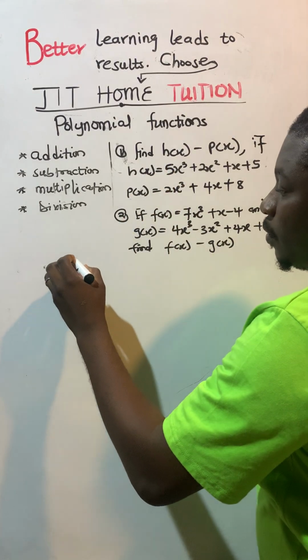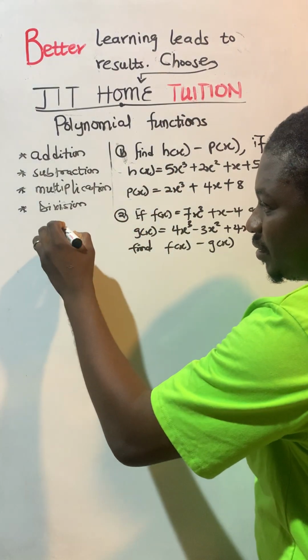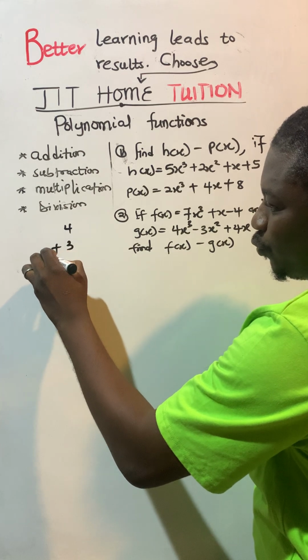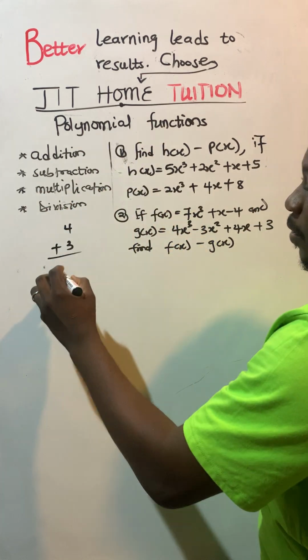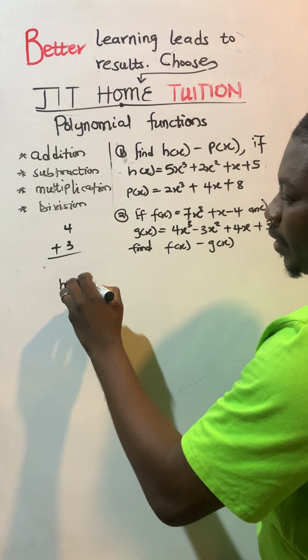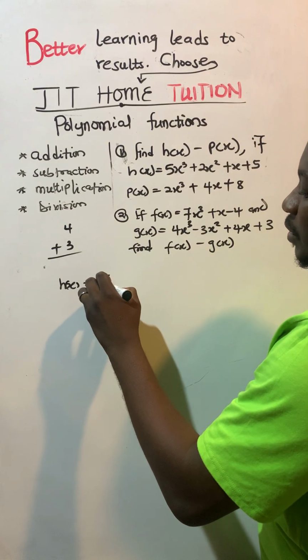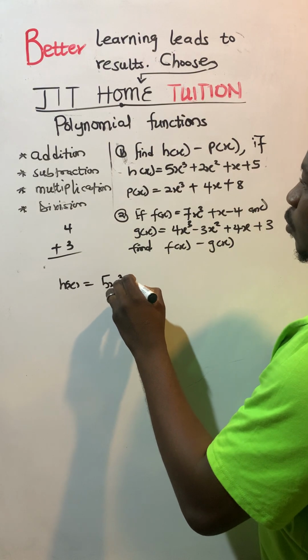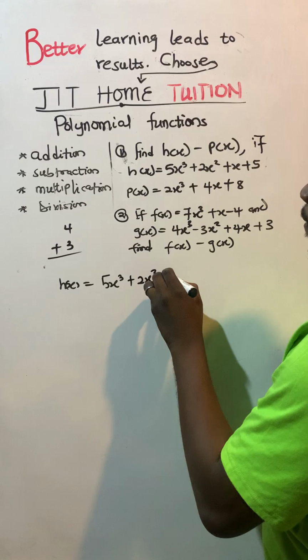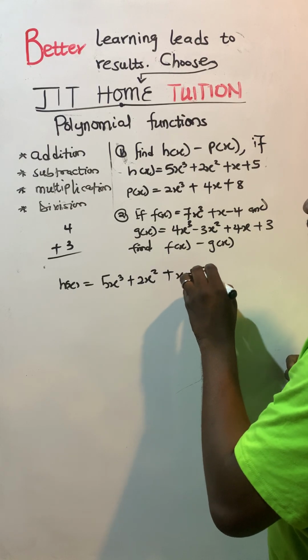So here, you remember I told you that with the addition, let's say that you have 4 plus 3, you write it this way, then you add. So here you are going to have also h of x equal to 5x cubed plus 2x squared plus x plus 5.